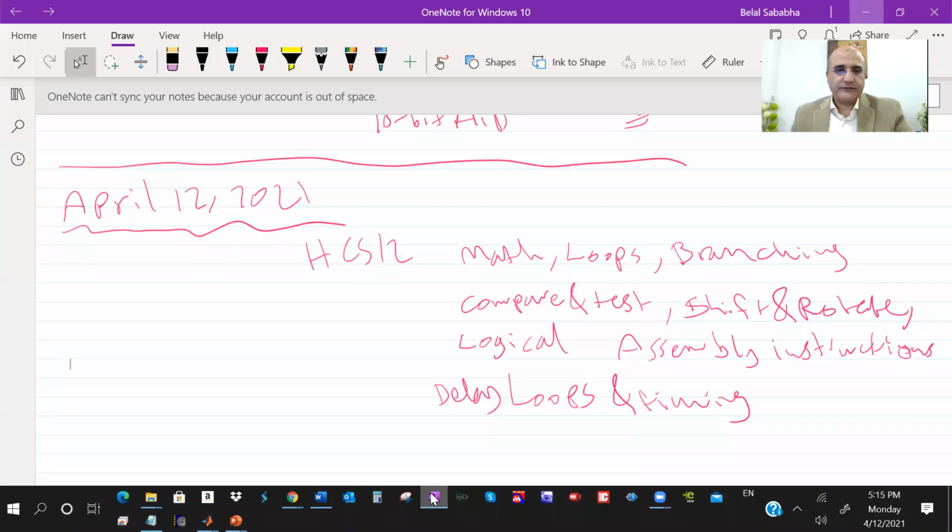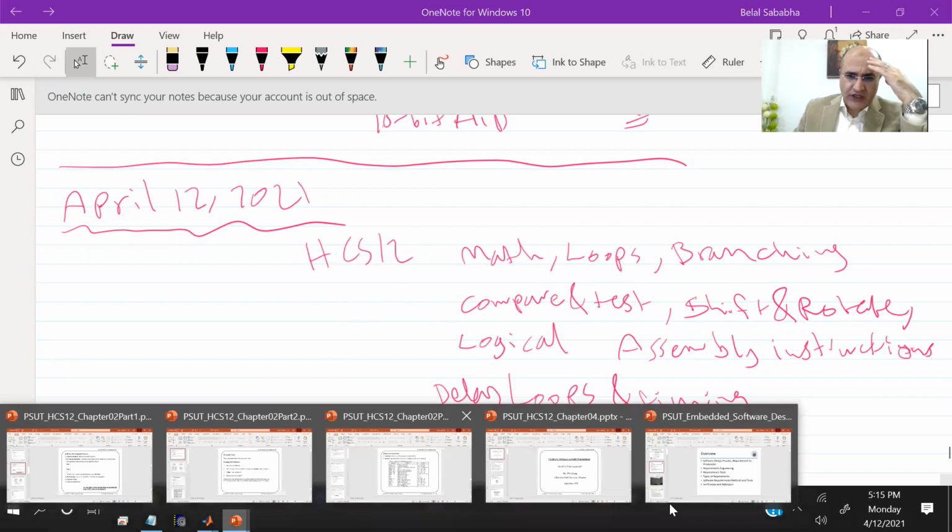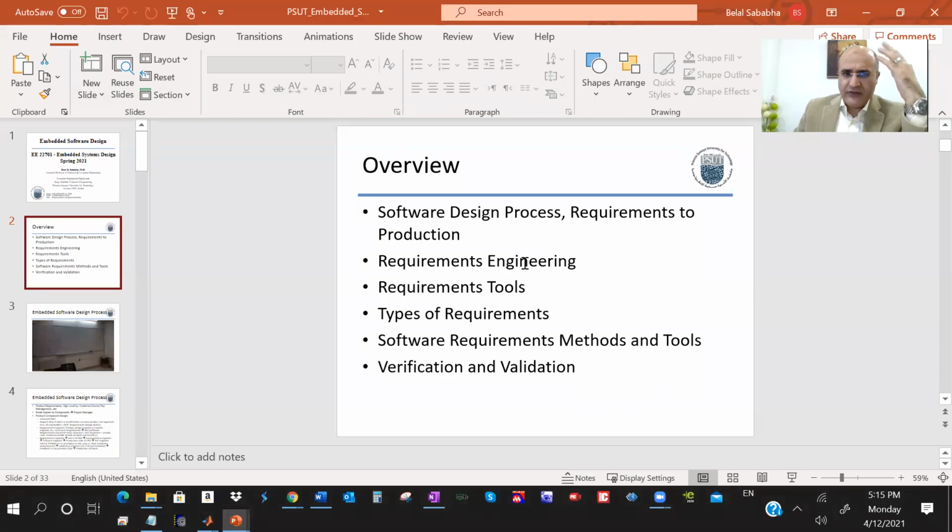Today, we're going to continue what we started, or at least go back to HCS12 after what we did in the last 2 or 3 lectures on software design: embedded software design, requirements engineering, types of requirements, and how to specify requirements using different methods, text or visual.